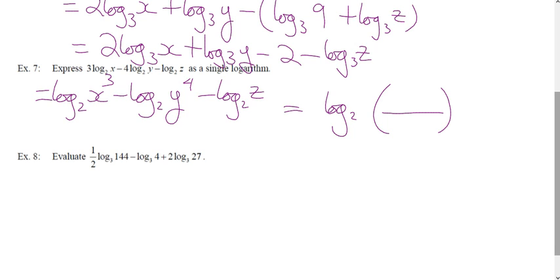So x cubed over y to the 4th. Where does the z go? Underneath. Okay, so y to the 4th z. Okay. You can also do tricky stuff like this. Right? That's why the y to the 4th and the z are together.